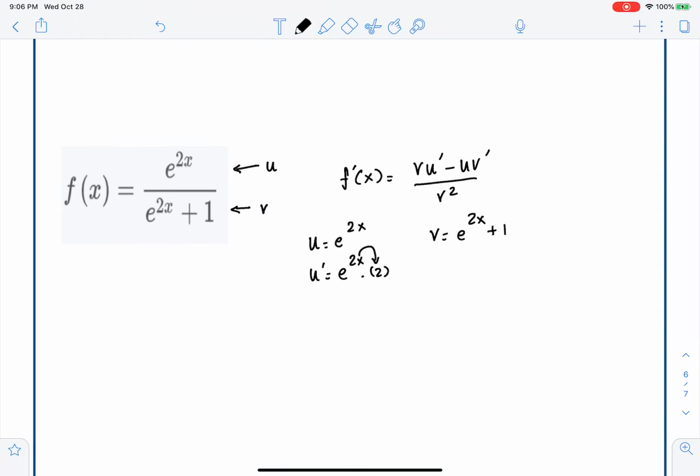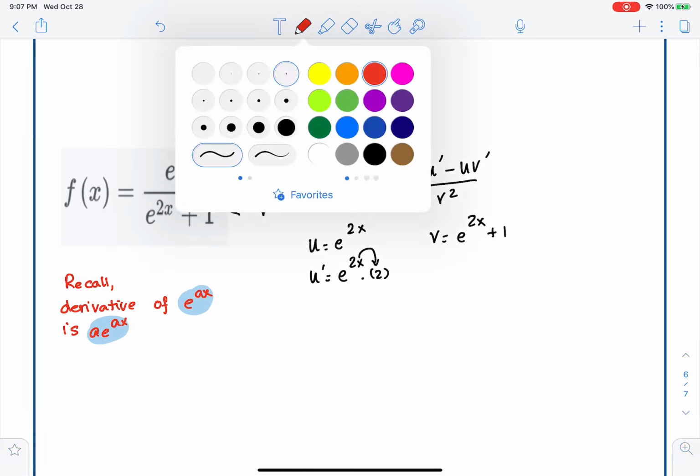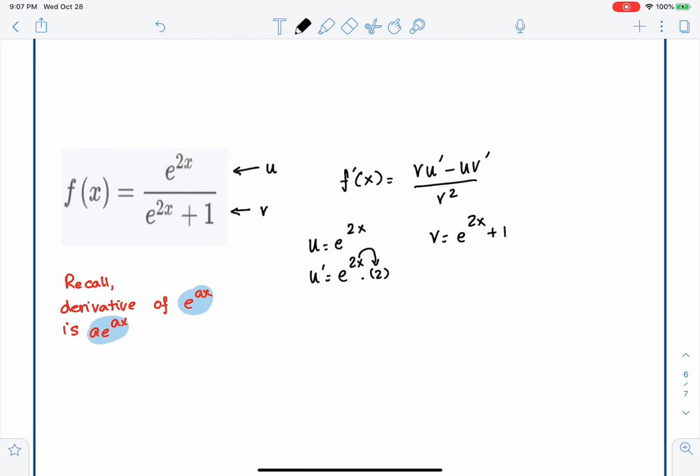Recall derivative of e raised ax is a multiplied by e raised ax. So the derivative of e raised to 2x is simply 2 multiplied by e raised to 2x.